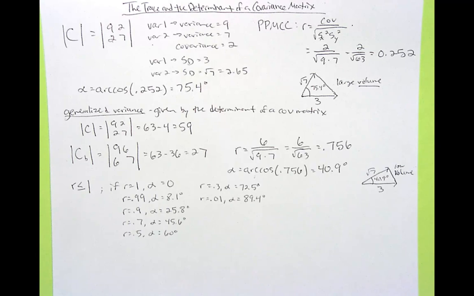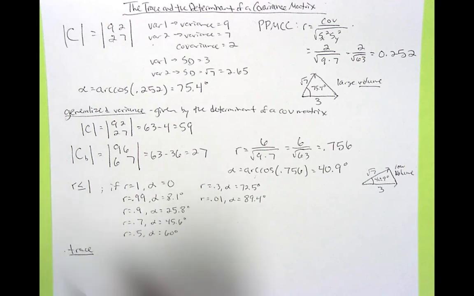Okay, so next let's talk about the trace. The trace is the sum of the diagonal entries of that matrix. Since only square matrices have a diagonal, only square matrices can have a trace.